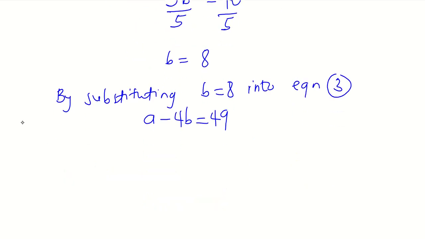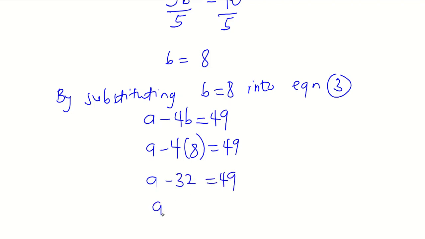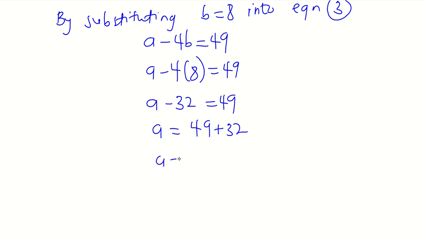So if b is 8 now, then we have a minus 4 multiplied by 8 is equal to 49. Now we know 4 times 8 is 32, so a minus 32 is equal to 49, and our a value is equal to 49 plus 32, and at the end our a value here is 81.